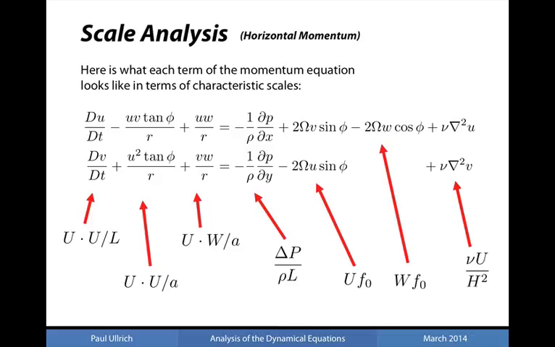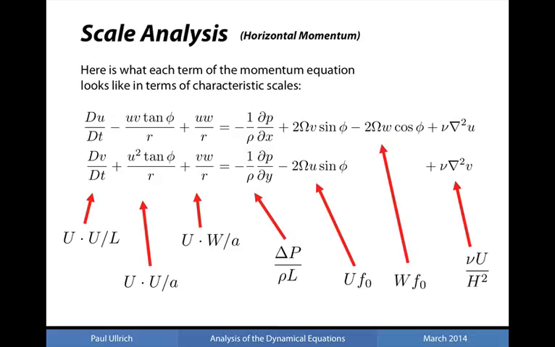Okay, so we now have a set of scales associated with the phenomenon that we're interested in. Let's now look at each term in the momentum equation and see what scales are responsible for determining the magnitude of that term. Well, the first term is the acceleration. This is du dt.